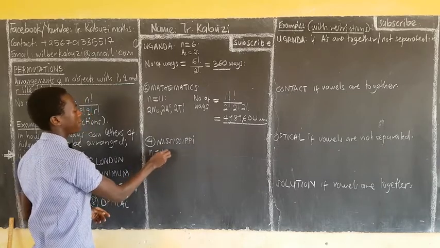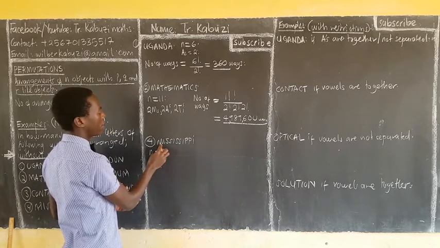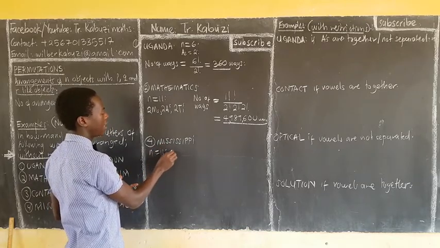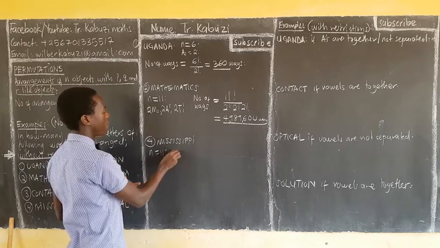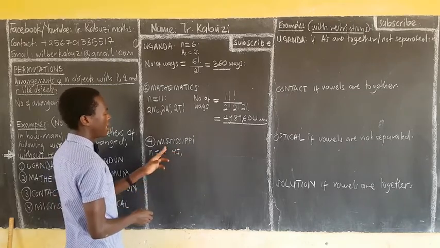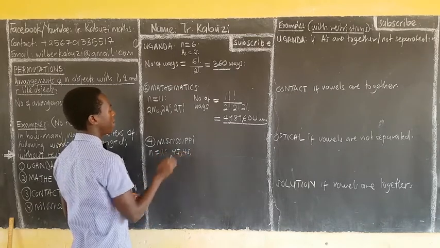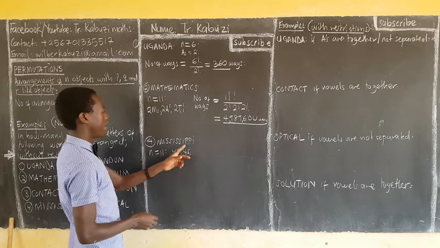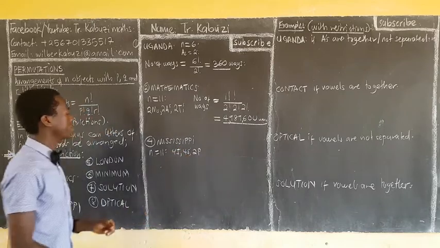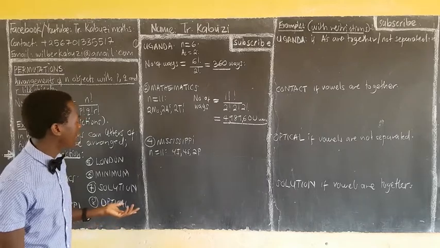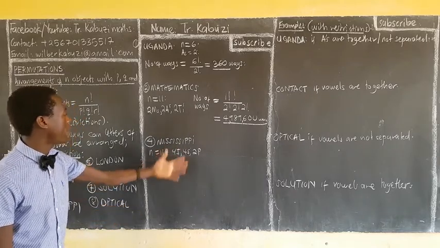M is not repeating. I: how many? 1, 2, 3, 4. We have 4 I's. S: 1, 2, 3, 4. We have 4 S's. What about P? We have 2 P's. I think nothing else is repeating. I, S, and P, that's all.